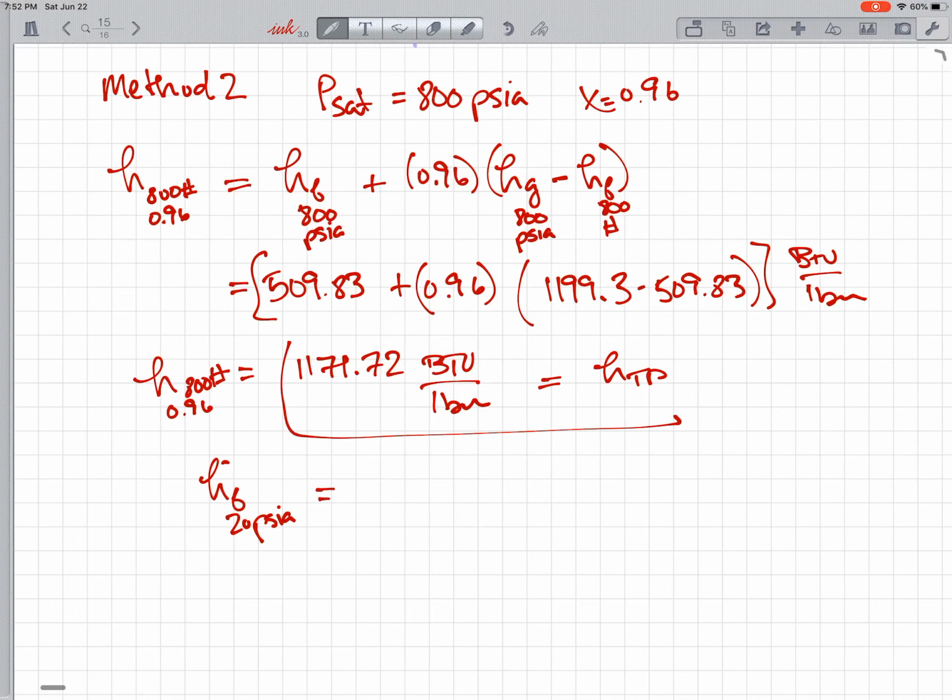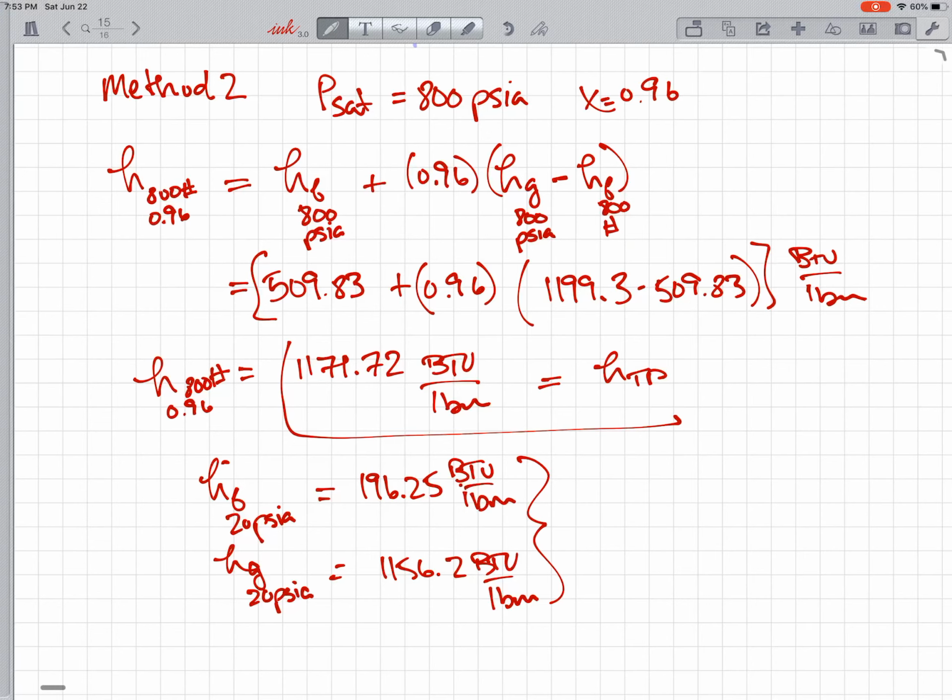Well, the saturated water from page 15, the saturated water enthalpy is 196.25, and that of course is in BTUs per pound mass. And saturated steam for 20 psia is going to be 1156.2 BTUs per pound mass. I know I already did that, but that was an accident.